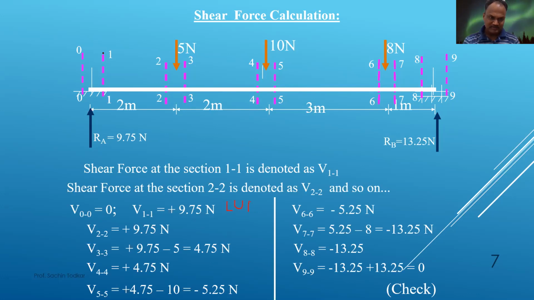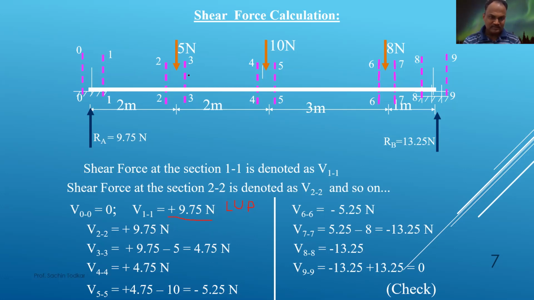So at section 1, it will be plus 9.75 Newton because it is in an upward direction. So I have taken it as positive shear force. Now up to section 2 there is no force, so it will again be 9.75.